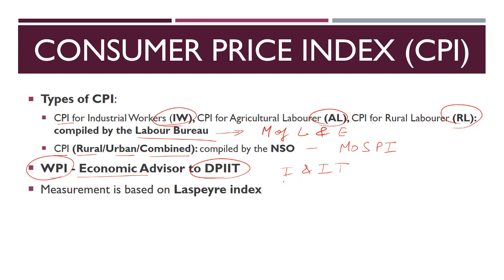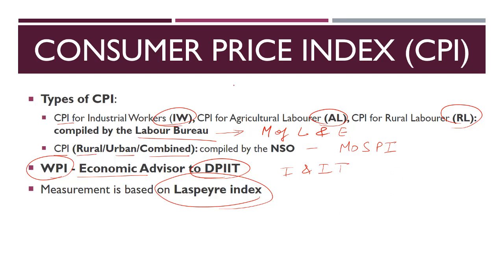One thing which is important to remember here is that CPI is measured on the basis of the Laspeyres index. What is the Laspeyres index? In the Laspeyres index, we take the weighted average of a basket of commodities. For example, let's say that I have a basket.